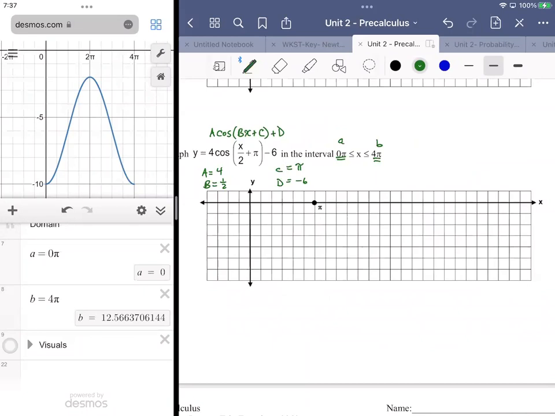But this needs to go out to 4 pi, and pi is 6 units this time. All right, so 1, 2, 3, 4, 5, 6. So 2 pi, 3 pi, 4 pi. All right. The midline is always whatever the D value is.